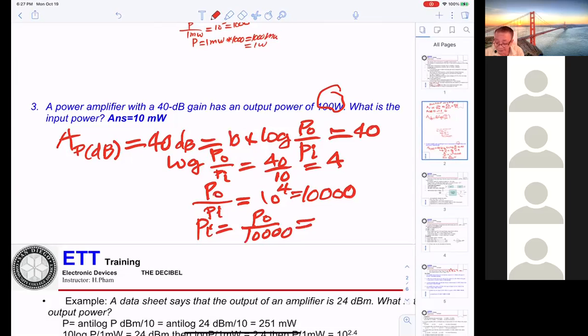So you say 100 watt, divided by 10,000. And if they change it into milliwatt, the answer will be 10 milliwatt.